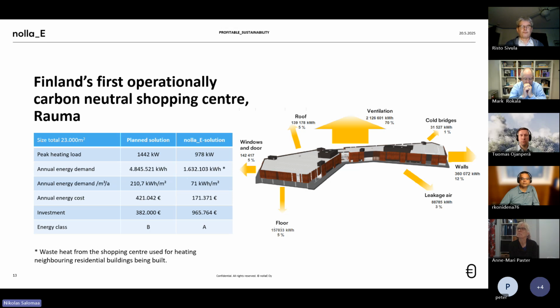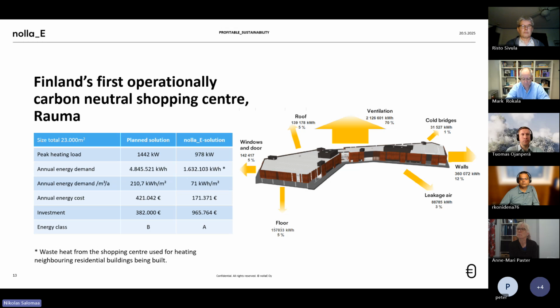We lowered the annual energy cost from 400,000 to 170,000, but since the shopping center is selling the waste heat to the residential buildings, when we take into account the revenue of selling the waste heat, we are close to zero.